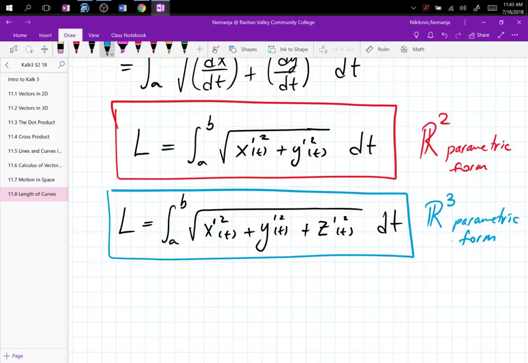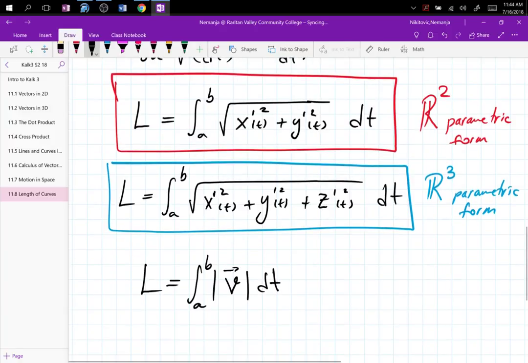You have the magnitude. So I would like to write the length of curve in the most compact form you can think of, and that would be the integral from a to b of the velocity, of the speed, dt.